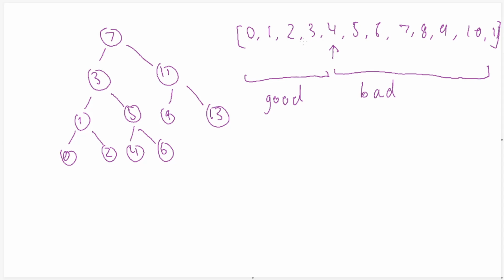And the average of 3 and 4 is 3.5. 3.5 will also give us good. Until there's one value left.